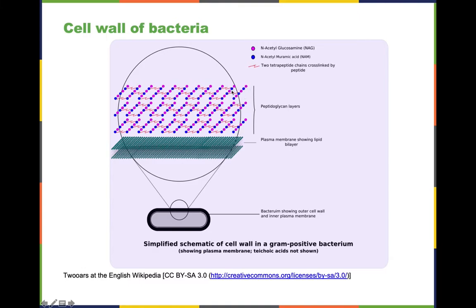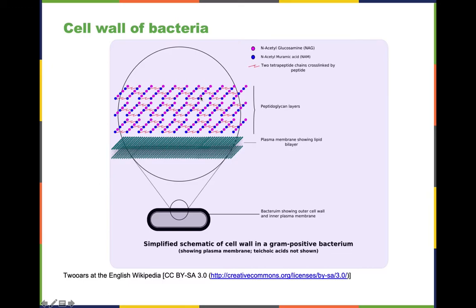Now, these carbohydrates, which are of two varieties, N-acetylglucosamine and N-acetylmuramic acid, are connected to one another end over end, and then the layer is formed by connecting these chains of carbohydrates through little short peptides, which are connected together through another piece of short peptide.